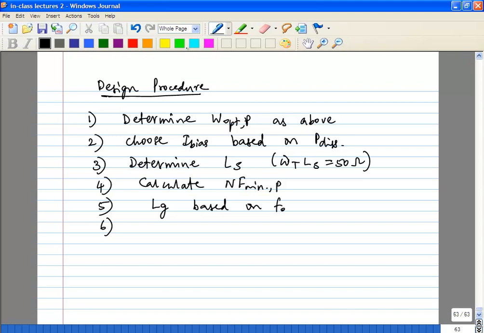So how would you choose LD and CD? You want maximum gain from your LNA. Let's say you want to maximize that gain. So you choose LD and CD such that you would maximize RP.